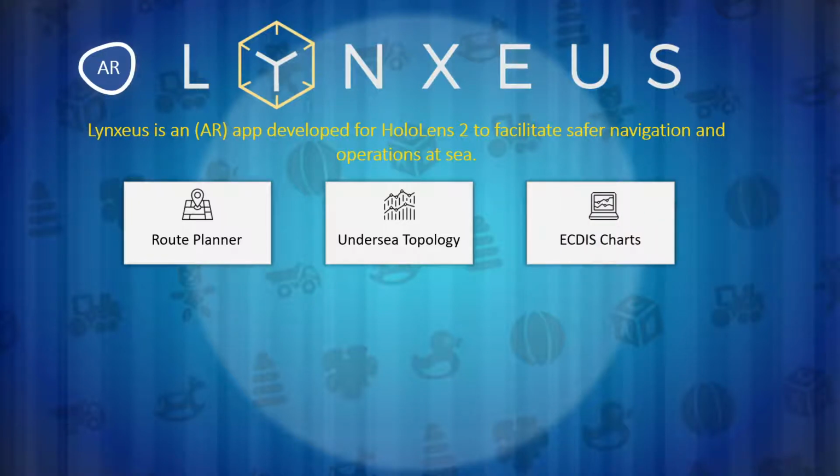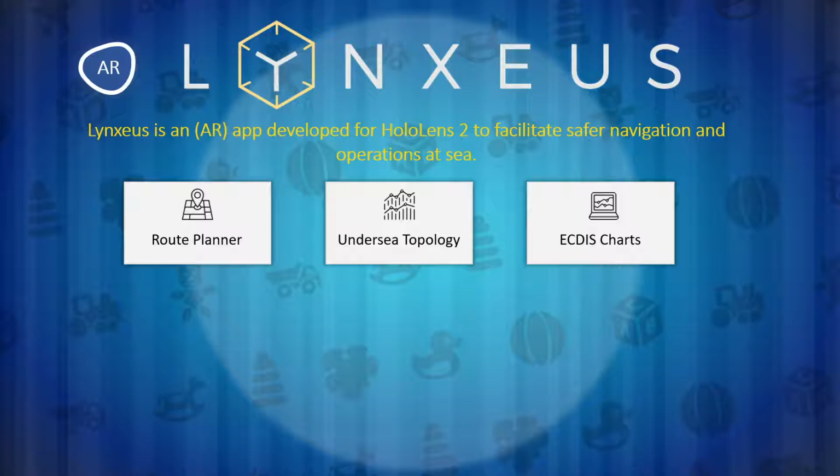Next we have ECDIS charts. Now ECDIS stands for Electronic Chart Display and Information System. Now, this is something that each vessel has, and you can think of it as a computer that shows digital charts. So we have a feature that displays S57 or S63 maps.